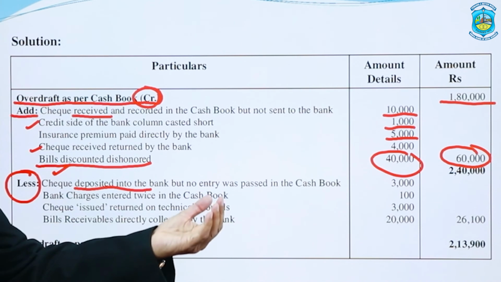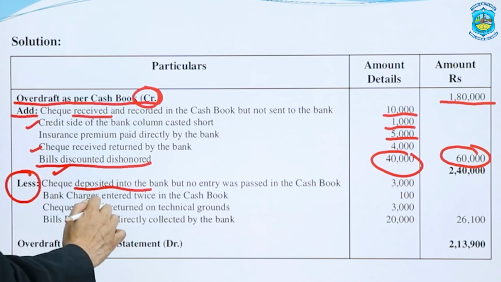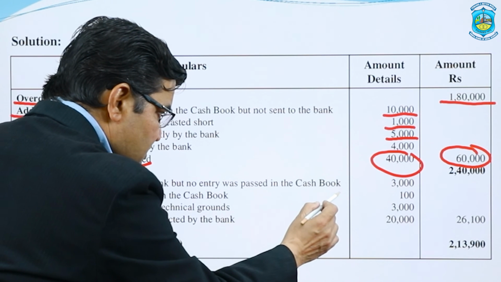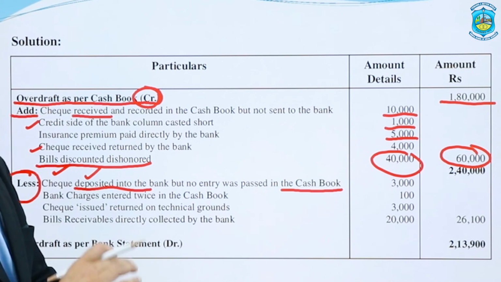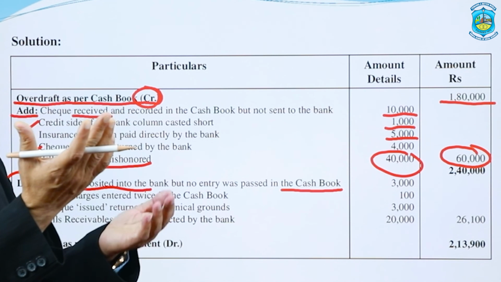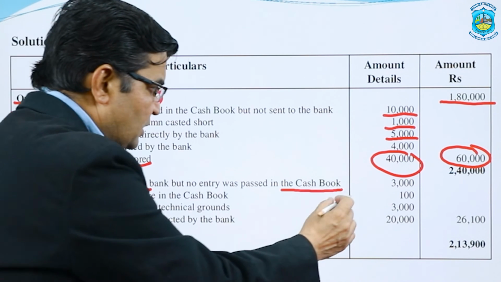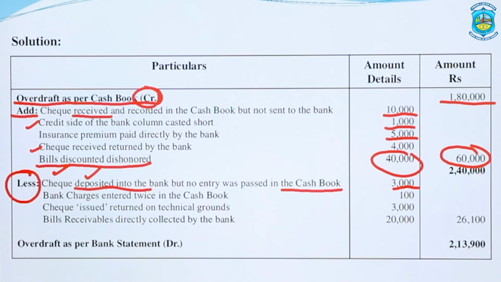It means we have received those checks from our debtors and deposited them in the bank, but unfortunately we missed recording them in our cash book. Therefore, our passbook has been increased and the cash book has been reduced. So this amount of rupees 3,000 will be deducted from this bank reconciliation statement.